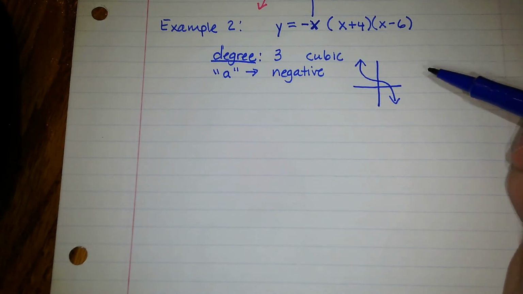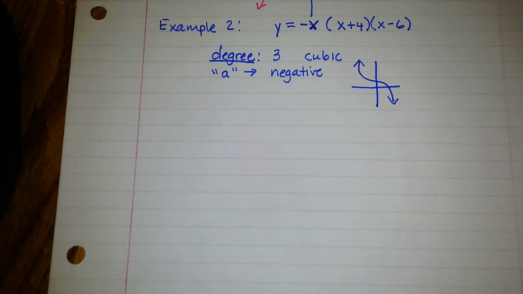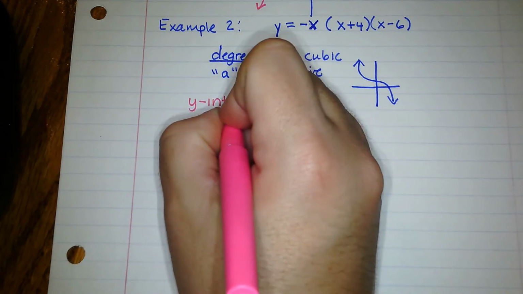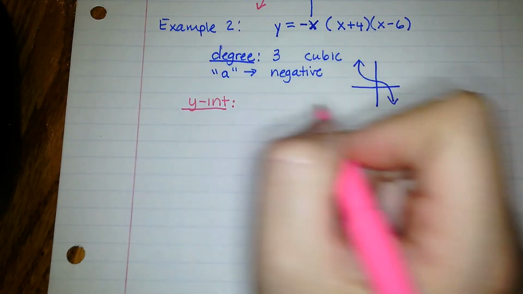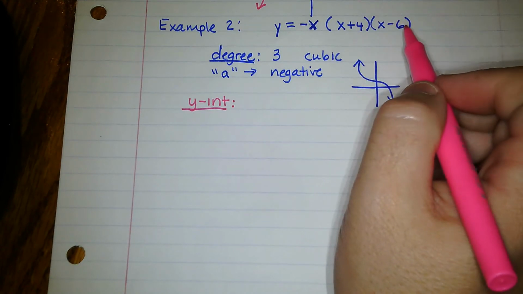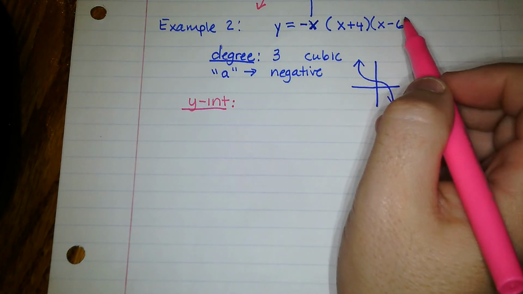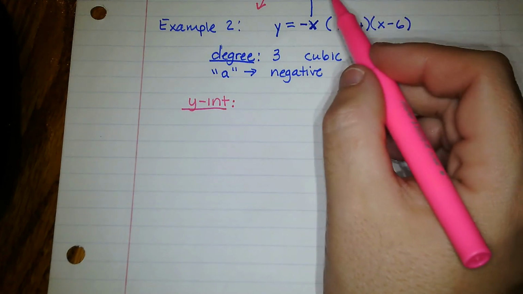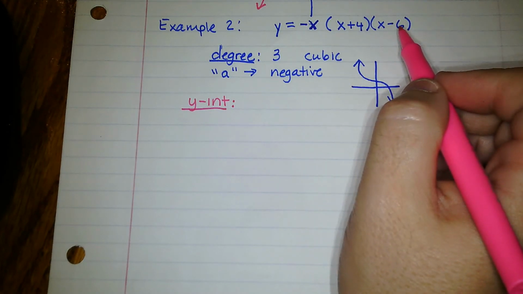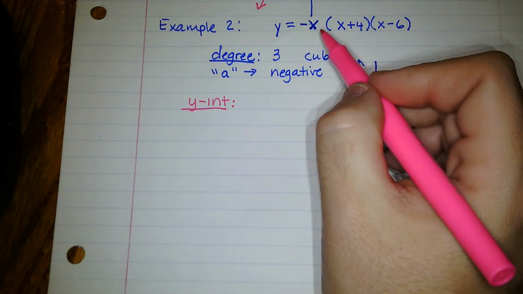The next thing we have to do is find the y-intercept. The y-intercept, remember, is the constant. And our constant is found by multiplying our end numbers together. So I have 4 times negative 6 times 0.